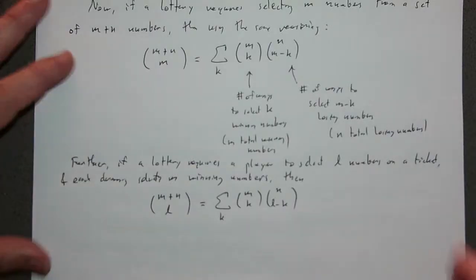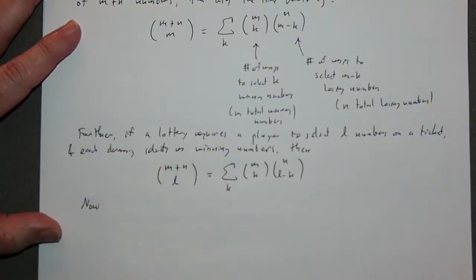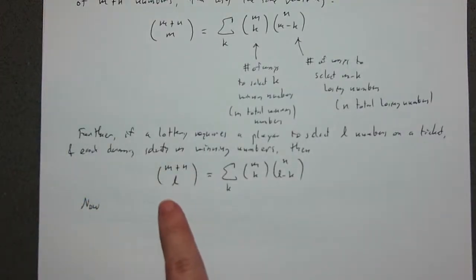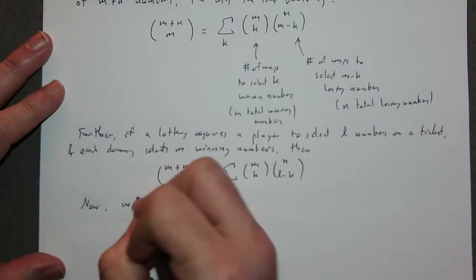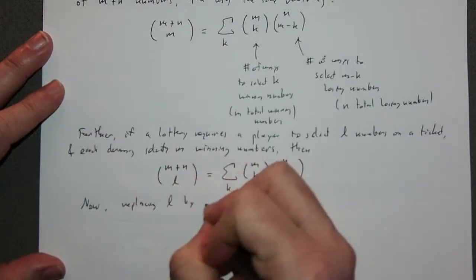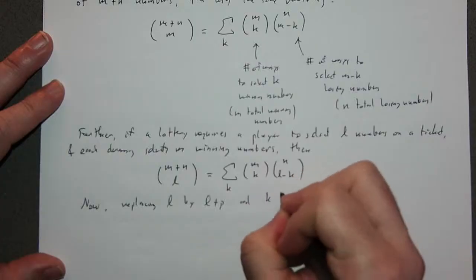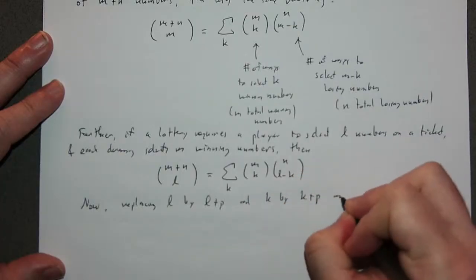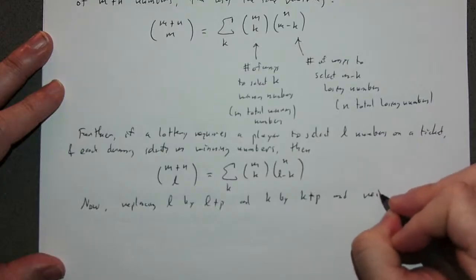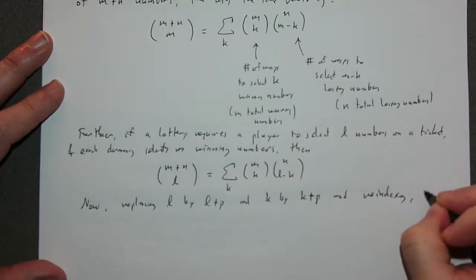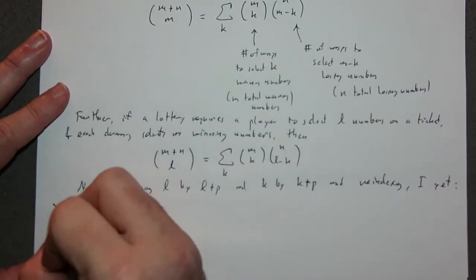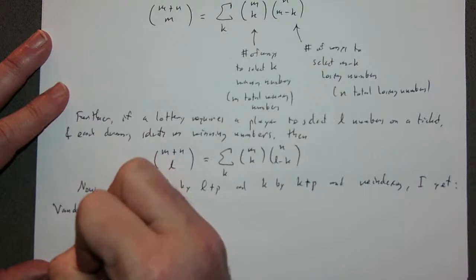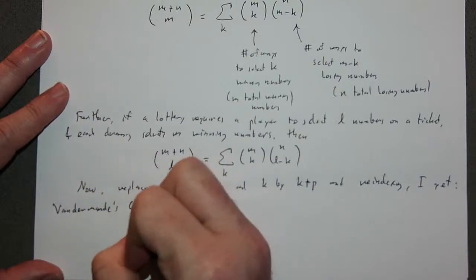So now, keep going. I can replace L by L plus P. I can reindex the sum, replacing K by K plus P, to obtain the following identity. So replacing L by L plus P and K by K plus P and reindexing, I get the following identity, which is called Vandermonde's convolution.